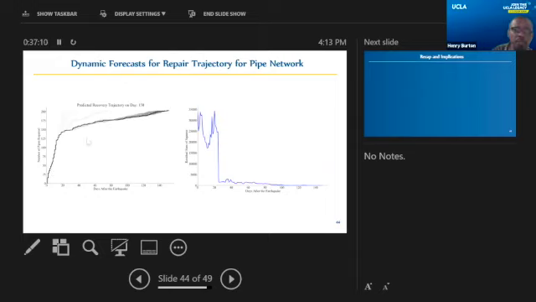As you can see, as we move forward in time, the simulated trajectories start to align well with the observed recovery trajectory. The plot on the right shows how the residual sum of squares between the simulated and the observed reduces over time.